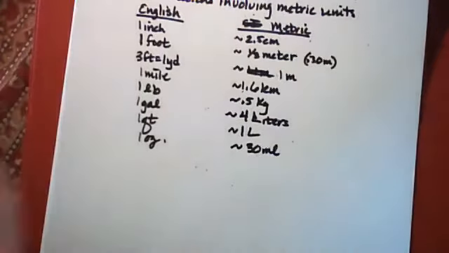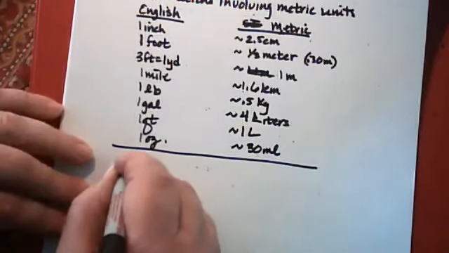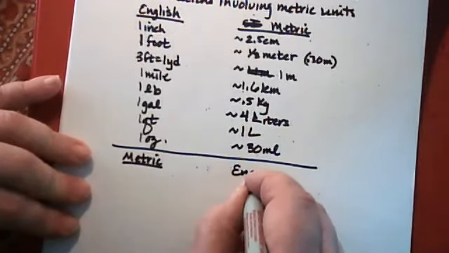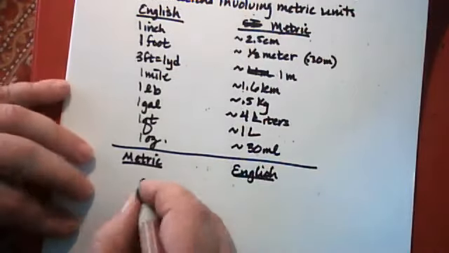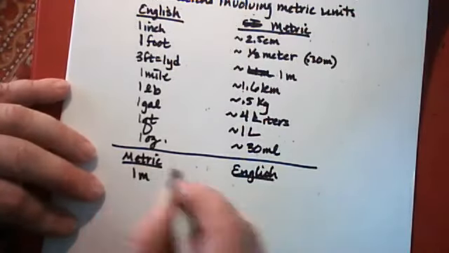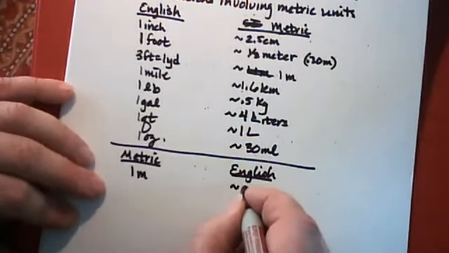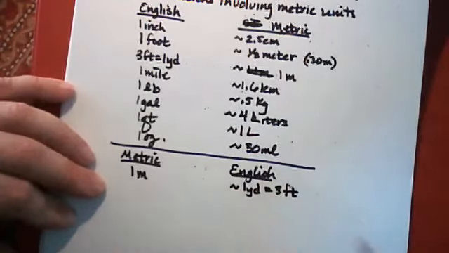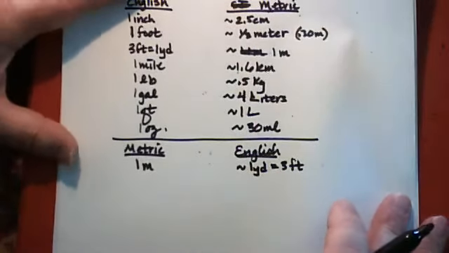Okay, so now that we've looked at English to metric approximations, we can look at the other way around. Metric to English. And if you look at the metric unit of 1 meter, well, that would be approximately, oops, let me straighten it up, approximately 1 yard or 3 feet.